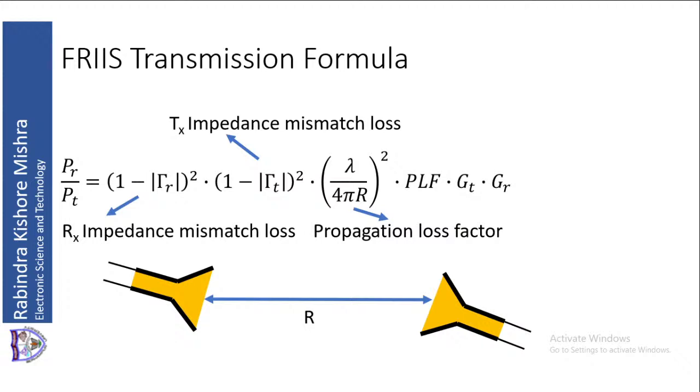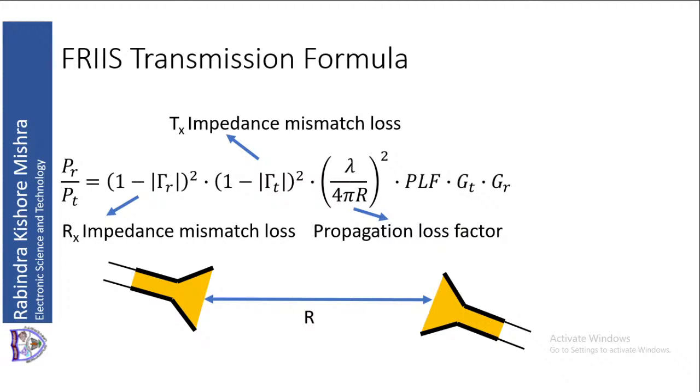That will be 1 minus gamma T square. That will be the mismatch loss due to the impedance mismatch for the radiating antenna. Then for the receiving antenna, there will also be an impedance mismatch loss, 1 minus gamma R square. So there will be two mismatch losses, 1 minus gamma R square into 1 minus gamma T square. So these are the mismatch losses due to the antennas.